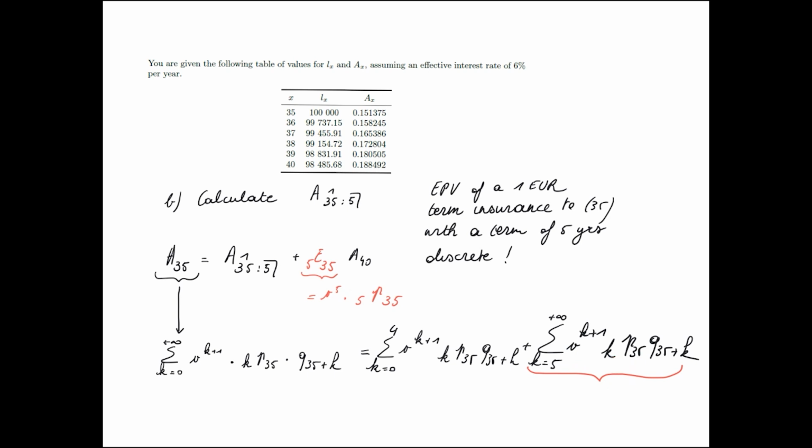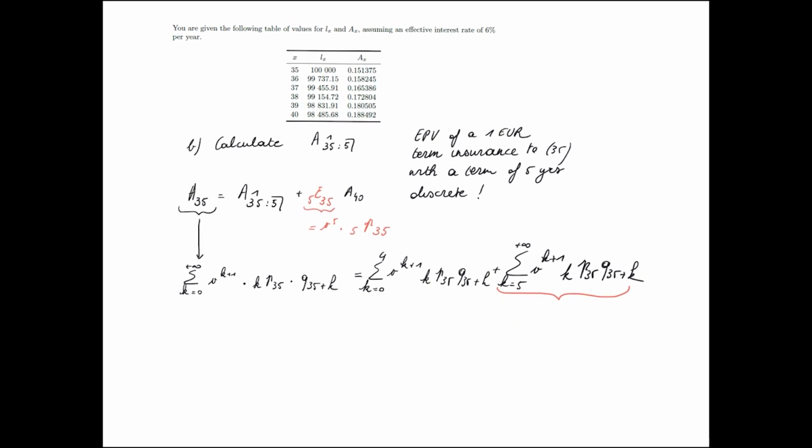So if you manipulate this expression, if you look at the first part, you'll recognize your EPV of the 5-year term insurance product issued to a 35-year-old, and then you can put the v to the power 5 times 5p35 in front, and then here you've got the sum for k running from 0 to plus infinity of v to the power k plus 1, and then you'll have kp40 times q40 plus k.